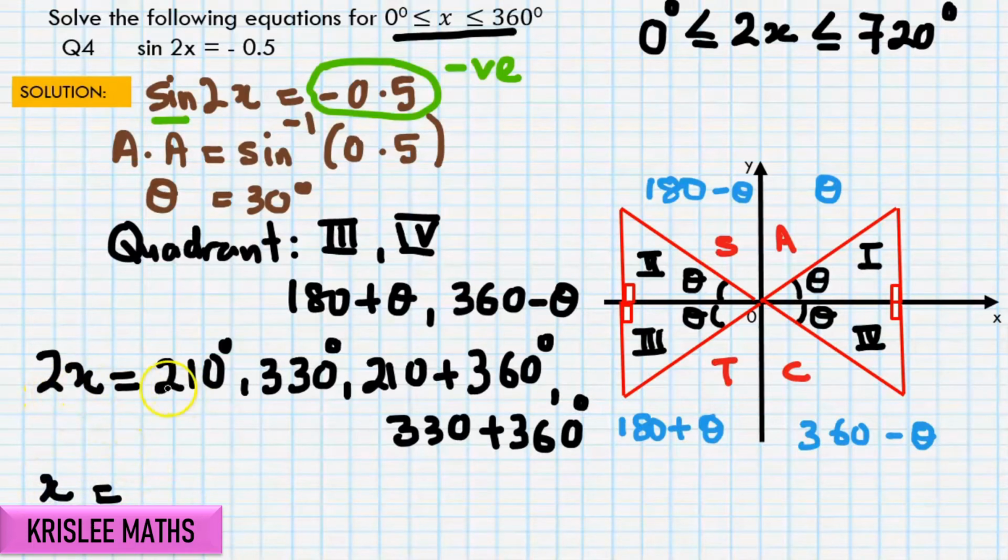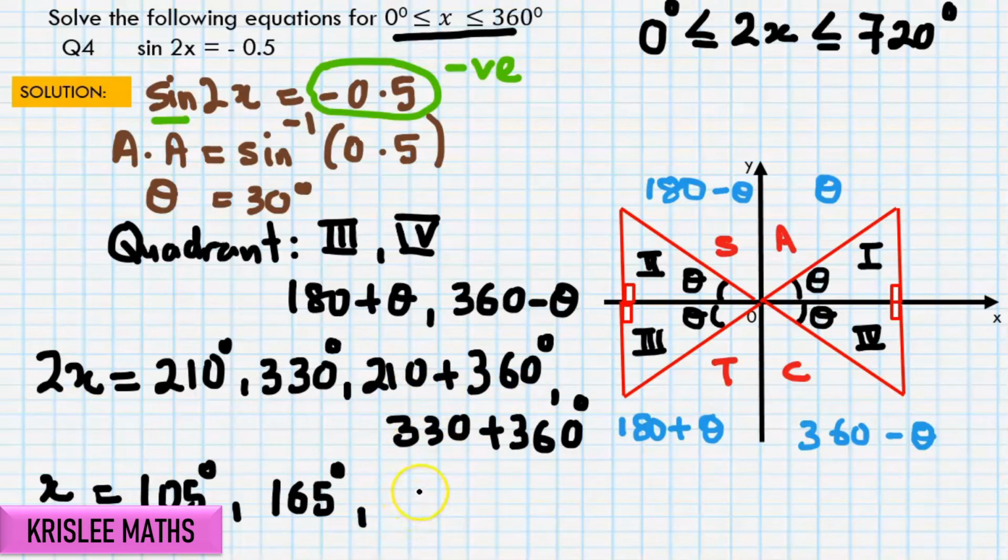So if 2x is 210, therefore x will be 105. 2x equals 330, so x will be 165 degrees. Okay, so here 210 plus 360, you will get 570. So 2x equals 570.